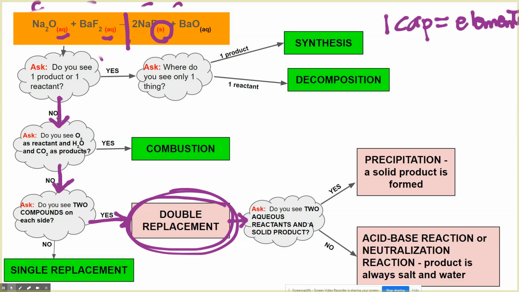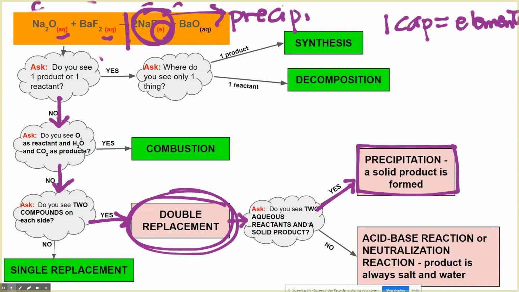So therefore, the answer here is yes. So this is called a precipitation reaction. And which one is the precipitate? It's the solid. So this is your precipitate right there. That is the solid form. Precipitate.